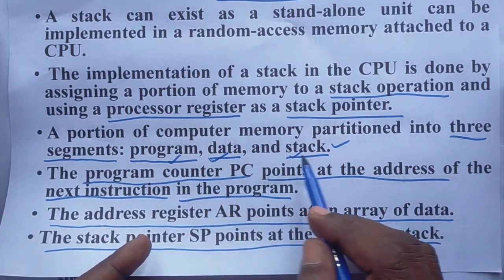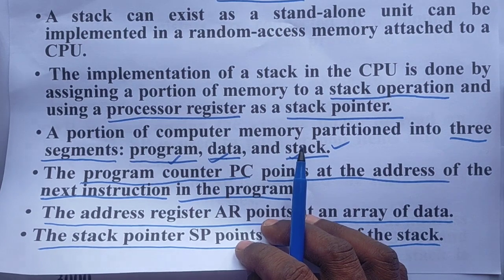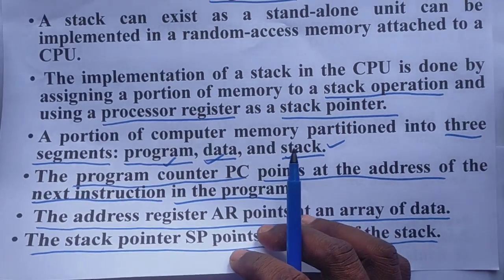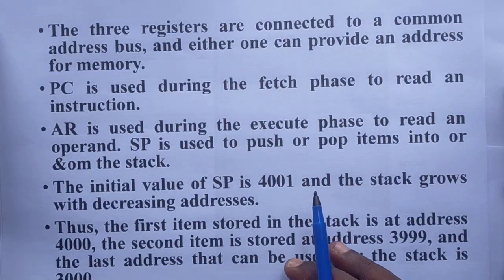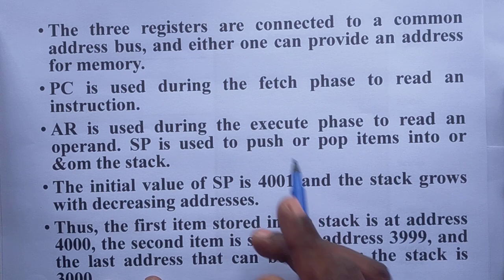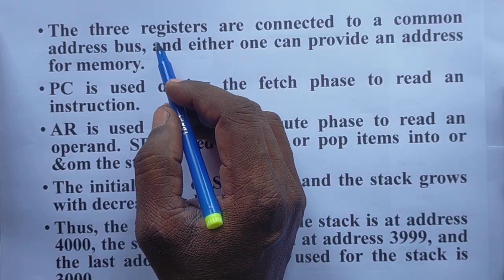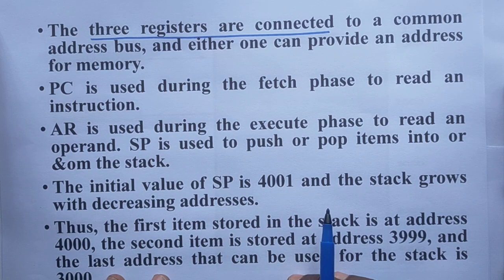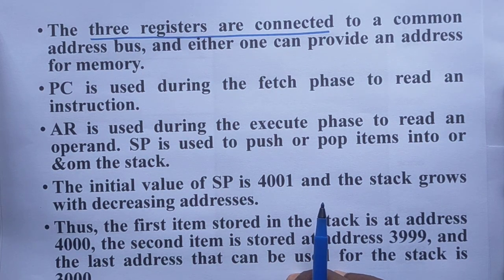So for these segments we need three registers, and whenever a register needs to operate, it can do so accordingly. Okay, for that reason three registers are connected to the common bus to operate the stack operations. This is the main concept, and either one can provide address from memory.